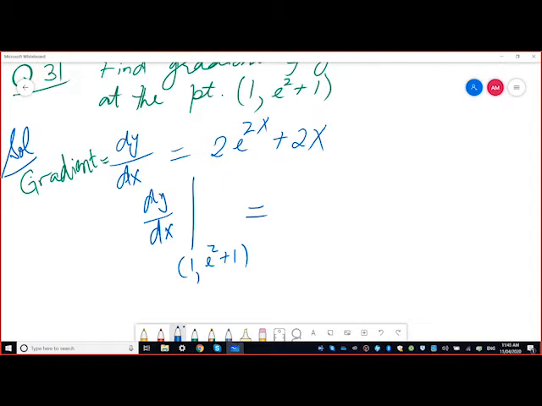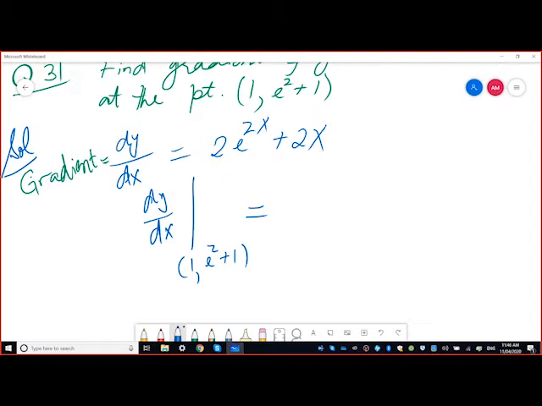So we are given this, so we have to find the gradient at this point. Substitute 1 in.